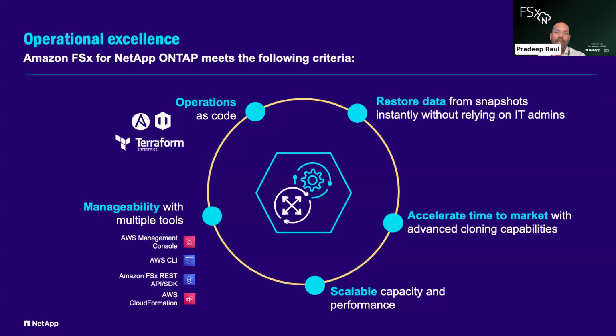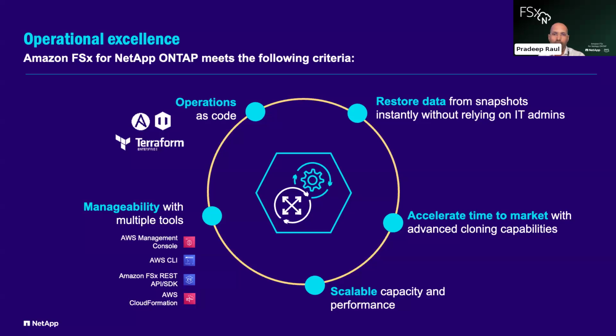Well, FSx for ONTAP is a fully managed service, so you don't have to worry about keeping the platform up to date. It's always up to date. Any hardware failure, software failure is taken care of by AWS, so it's fully managed. You can be rest assured. And then with FSx for ONTAP, you can use tools like Terraform and CloudFormation for various tasks. So if you have a CI/CD pipeline, you can perform various operations as code.